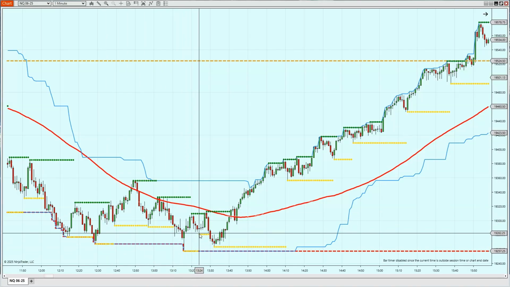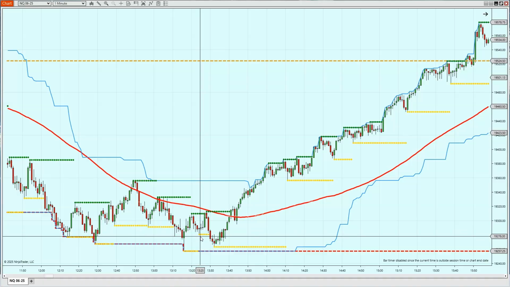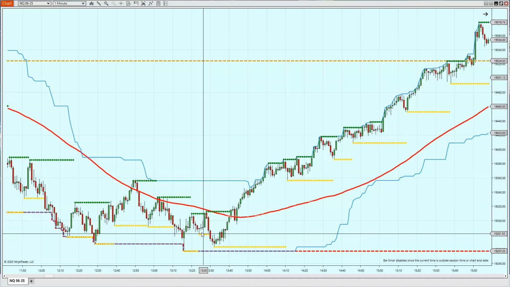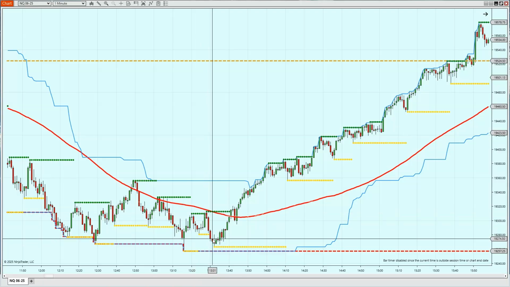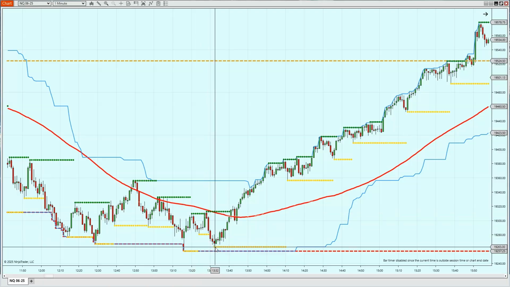Then it rotated up. Now you're getting to where things are getting dicey, because it's about 1:30. This is 1:30 right in here, Eastern Standard Time. And you had this break, this roll up, and then you had this push down. So here we have indecision.